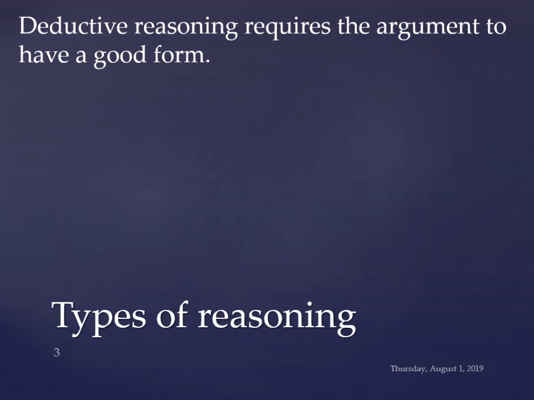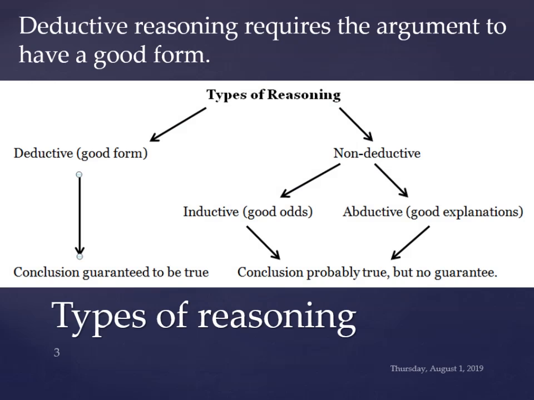I talked about this a little bit already, about what deductive reasoning requires. That requires the argument to have good form, and we distinguish that from the other kinds of reasoning that there are, non-deductive reasoning. That's where you can have premises that are true, but they don't necessarily guarantee the truth of the conclusion, but they do make the conclusion probably true, or likely to be true.